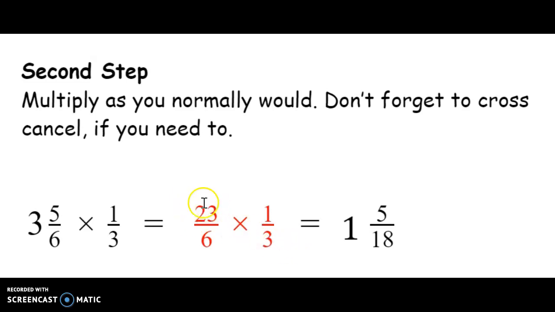On this side of the x, I don't see anything that I can cancel there, and I'm going to look on this side, 1 and 6. I don't see anything that I can cancel there. I'm going to go ahead and multiply again to get 23/18, which I then took to be 1 and 5/18.